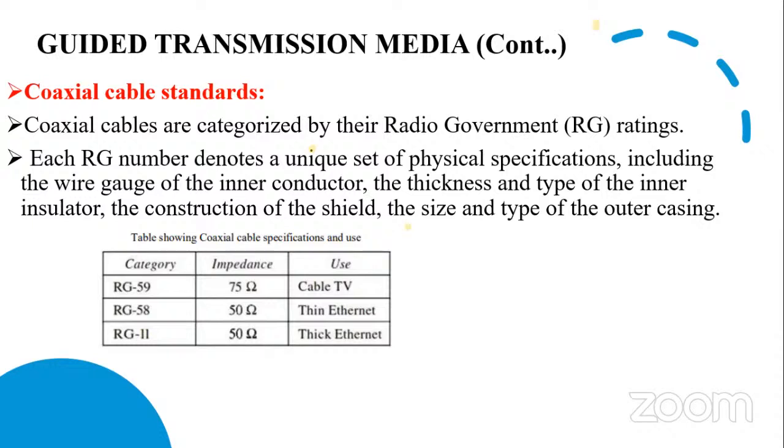RG-58 will be used for thin Ethernet in networking. RG-11 will be used for thick Ethernet. These cable standards are not necessary from the exam point of view. Whatever you understand about the cables and where they will be used, you can write about that.